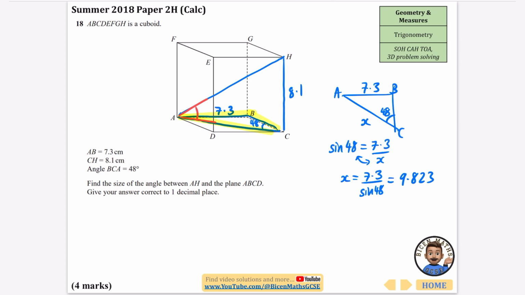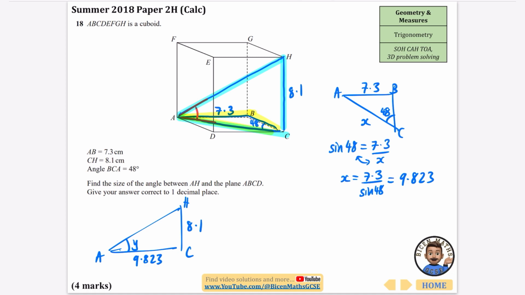So now when I look at this big triangle that I've got here, I actually know what the distance between A and C is because I've just worked it out. So when I draw out that big triangle, I have A, I have H, and I have C. The angle that they want us to find, let's just call it y, because it's the angle between AH and the plane ABCD. Well, I know that this is 8.1, I can see it on the diagram, and this is the one I've just worked out, which is my 9.823.